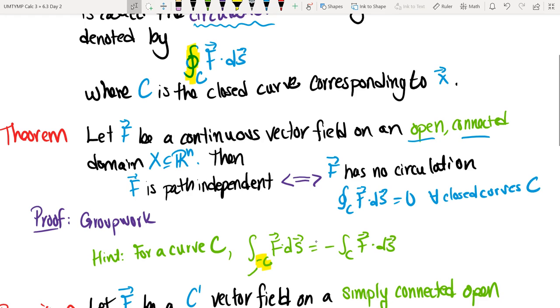This is a result of a theorem that we did a while ago.